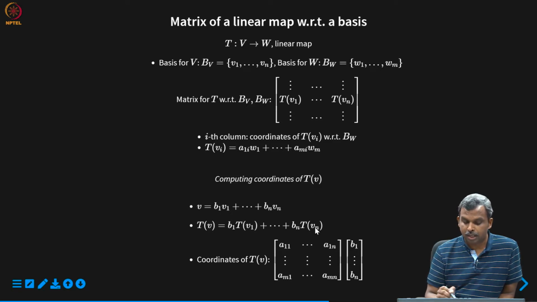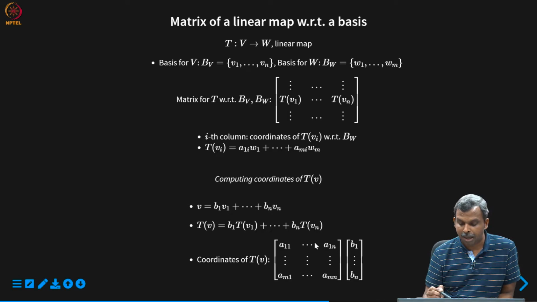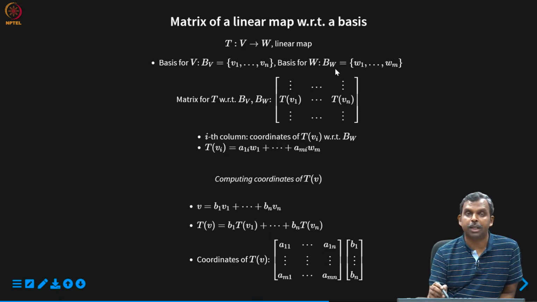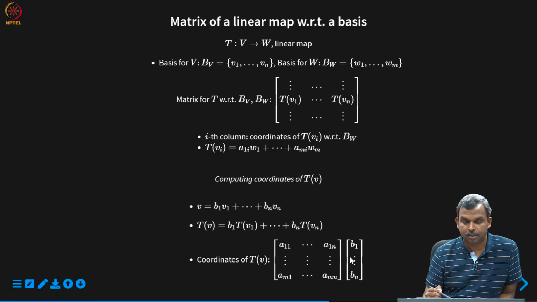That's your T of V here. How do you write it in terms of coordinates? You take the matrix that you got representing this linear map, and multiply on the right with the coordinates of V. Overall, finally, you will get the coordinates of T of V in the basis BW. So this is the product.